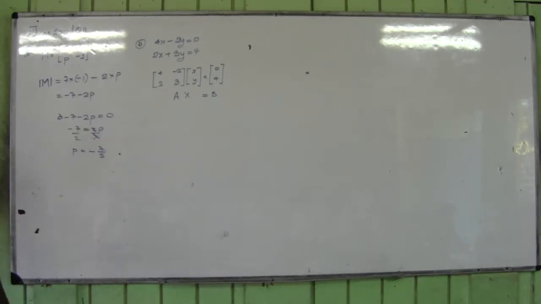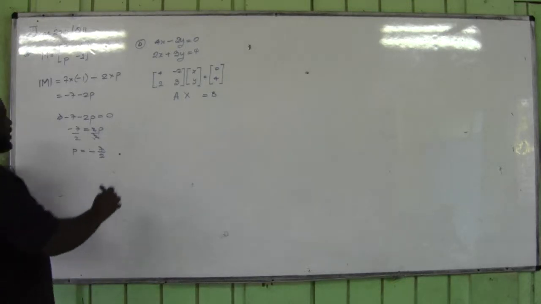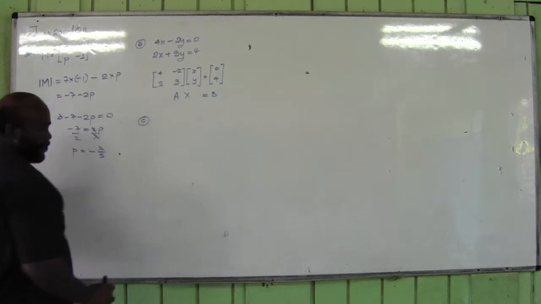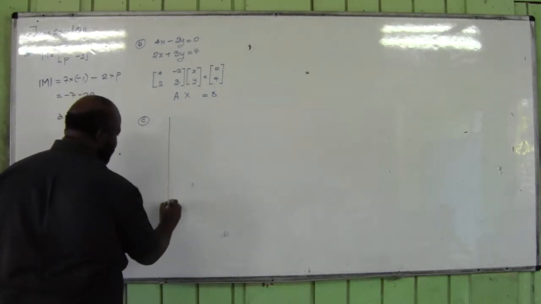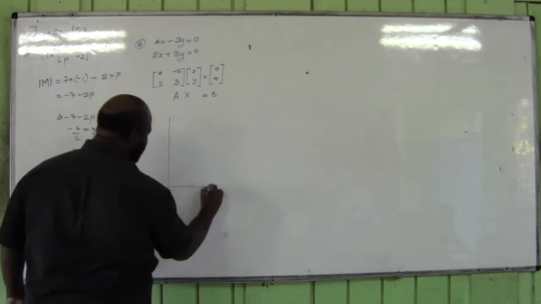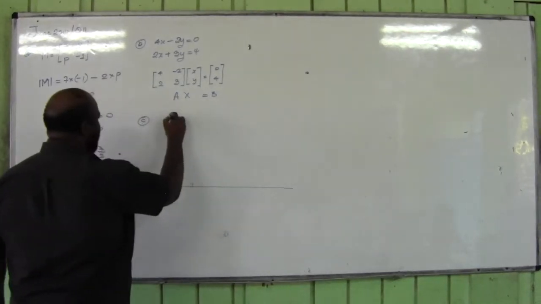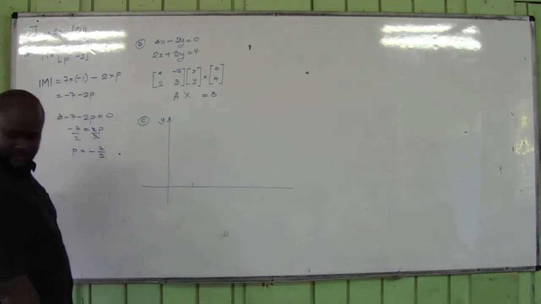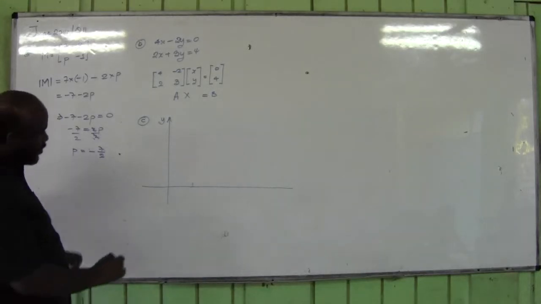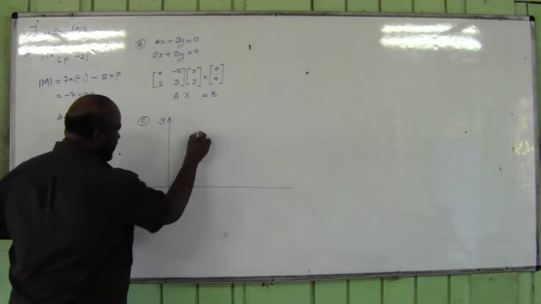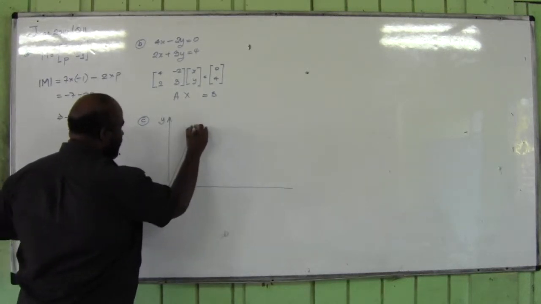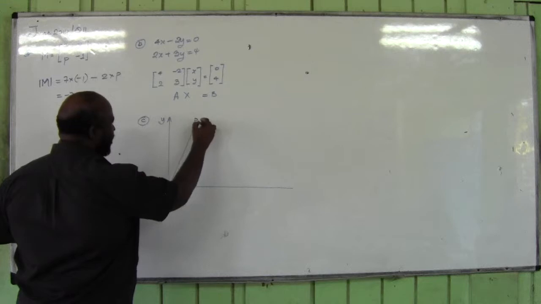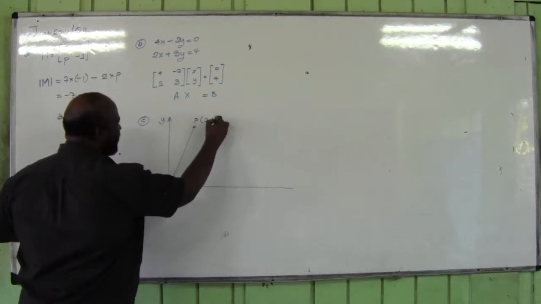Let's move on to the vector question now. The vector question is the C part of the question. There's a diagram. This is the y-axis. This is the point P. P is the point 2, 5.